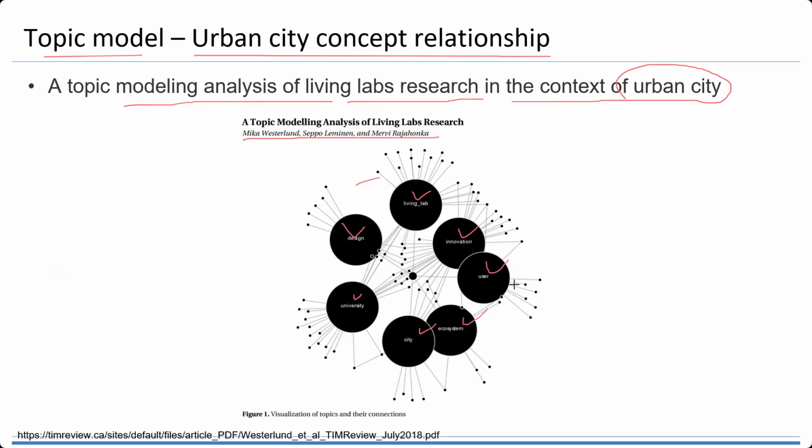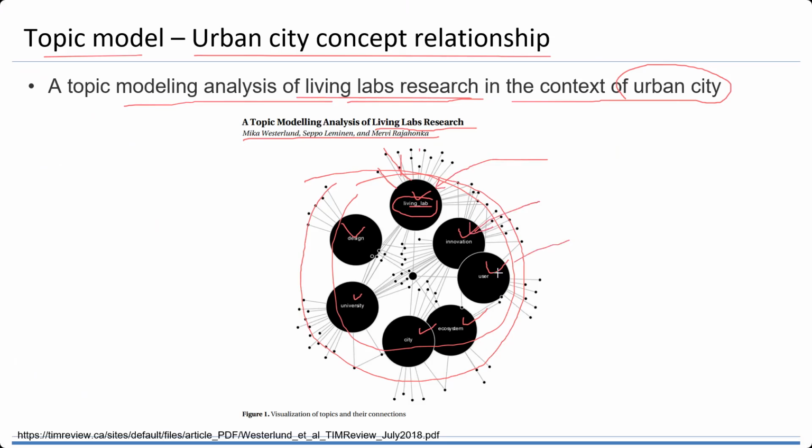So those are the words correlated with the living lab research. And then they also look at what are the words correlated with the living lab. So they have many branches of this work. By looking at this visualization, we can understand that in living lab research, they do this kind of research, particularly in terms of university, city, ecosystem, user innovation, living lab, and design.